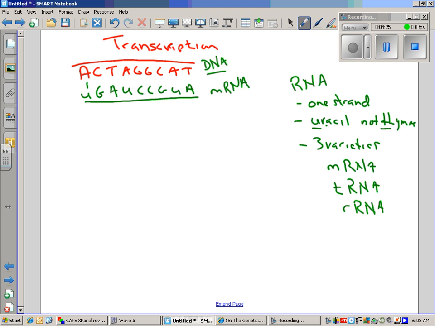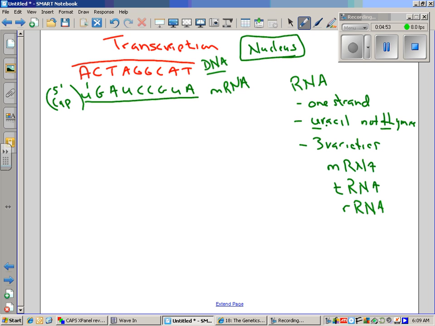The mRNA can travel. So if we were in a cell, this is taking place in the nucleus. This messenger RNA is going to leave the nucleus. But before it does, in order to leave the nucleus, it has to have a cap called a 5' cap on its 5' end.